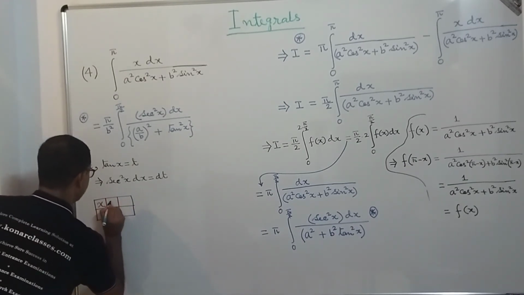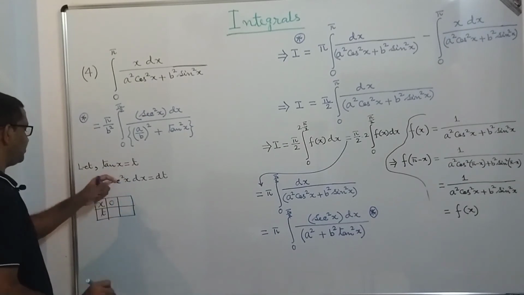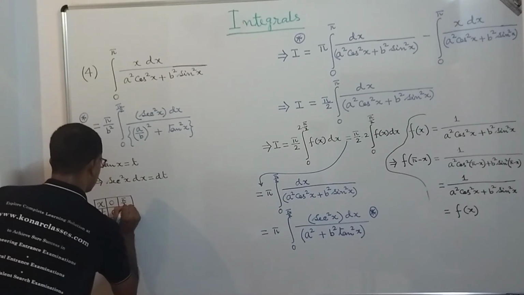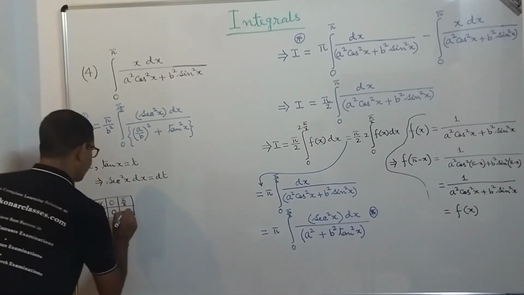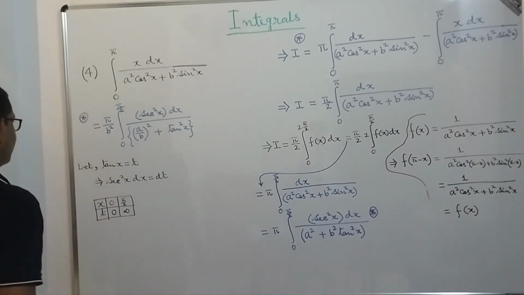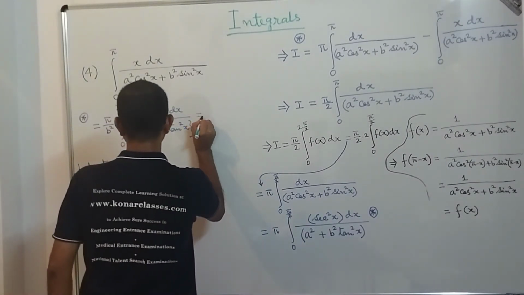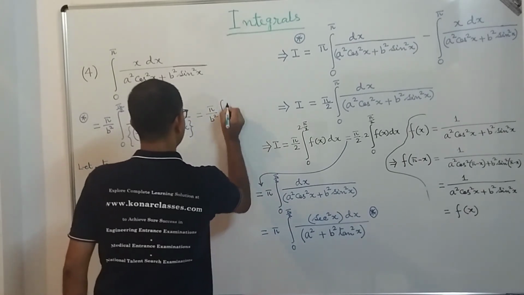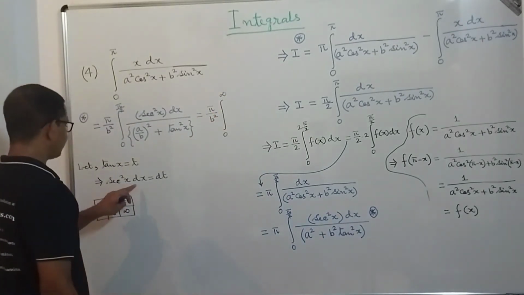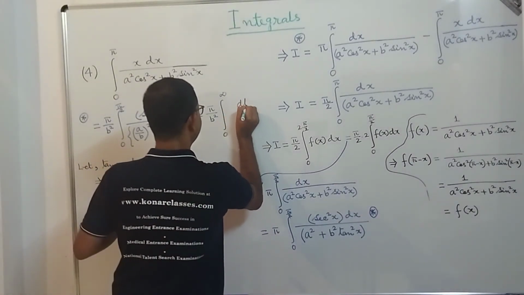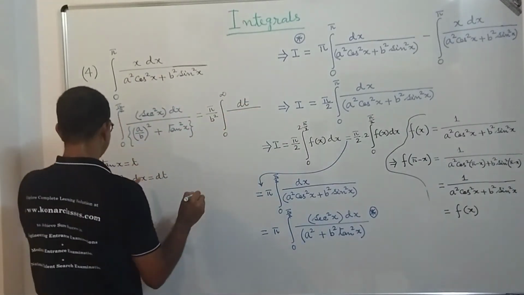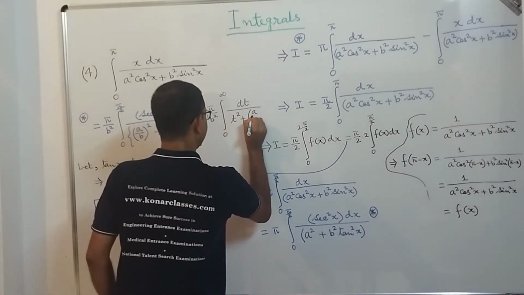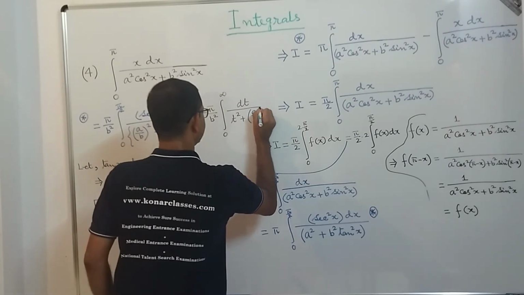So when x is equal to 0, what is the value of t? Tan 0 is 0. And when x is equal to pi by 2, what is the value of t? Tan pi by 2 is infinite. So we get here pi by b square integration 0 to infinite, sec square x dx, that is equal to dt, divided by tan square x, which is t square plus a by b complete whole square.